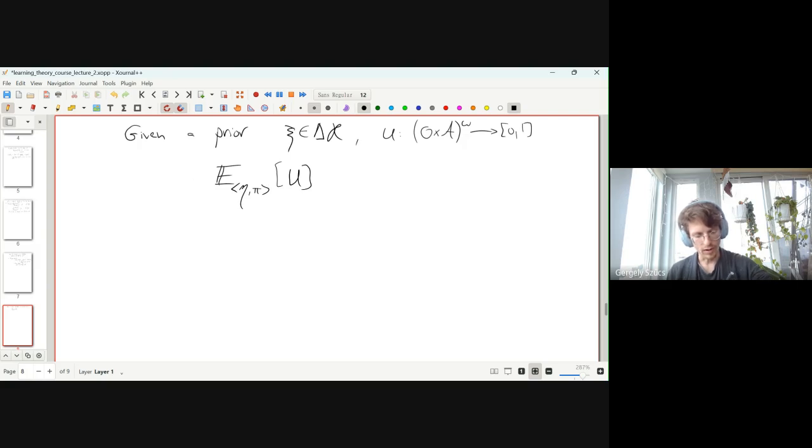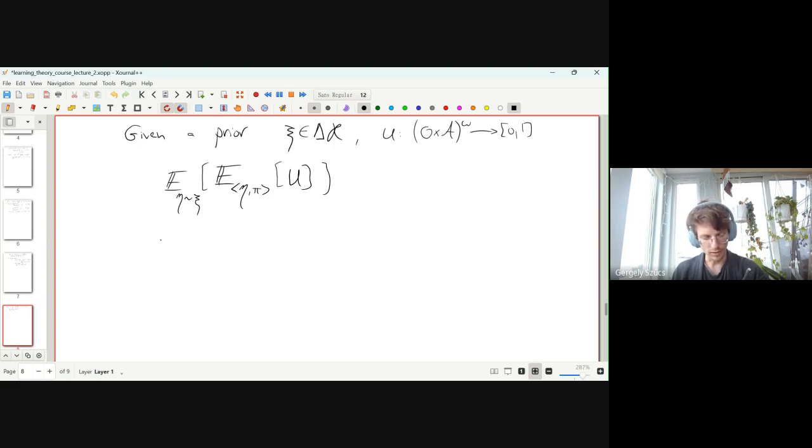And then if we have a prior over the environments, then we can take the expected value while sampling the environment from the prior psi. And so this would be the expected utility under a certain policy given our prior.